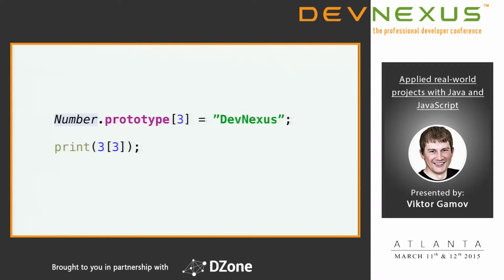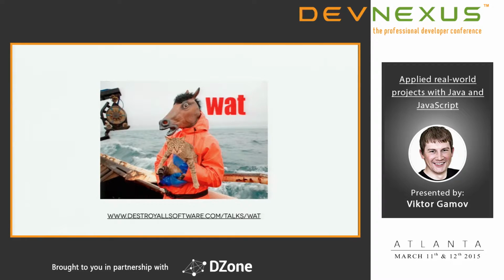But if we take the prototype of this object, it doesn't really matter what's inside. We just know that this keyword prototype allows us to get access to the prototype. And using this ability, we can also assign the property of the prototype by index 3, and we put this string. You know, it's crazy, right? But JavaScript does these awesome things, and there's a whole presentation about the weirdness and awesomeness of JavaScript.